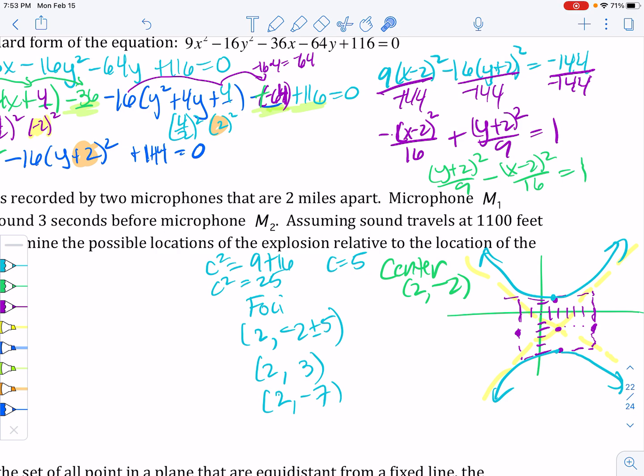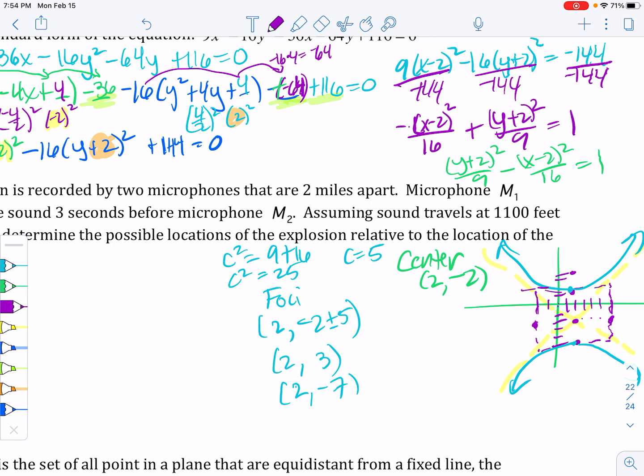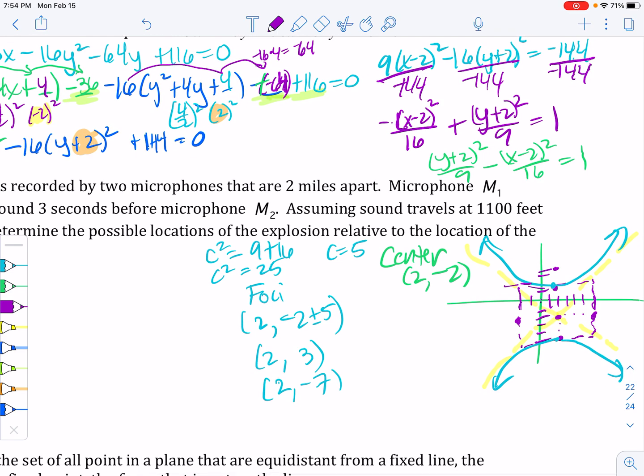If we go and graph that, we would go from our center and we would go up by 5. So 1, 2, 3, 4, 5. Goodness gracious. And 1, 2, 3, 4, 5 here, and those are the foci. Okay.